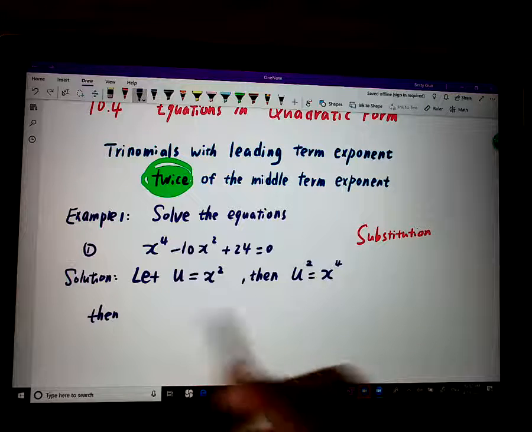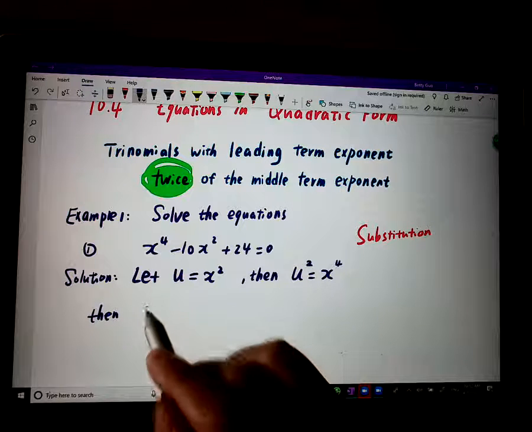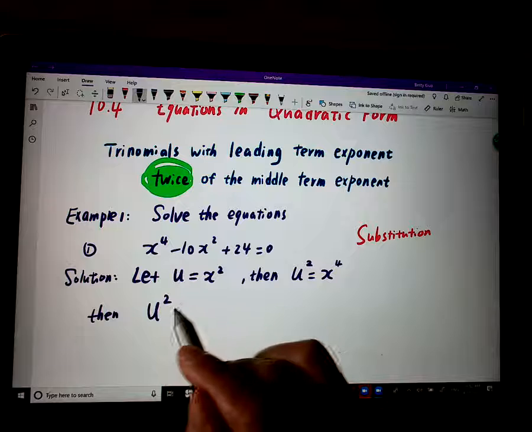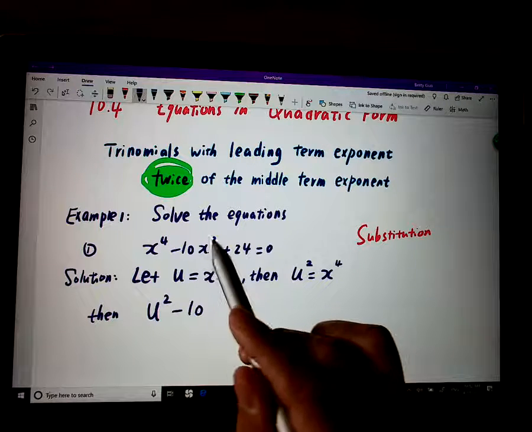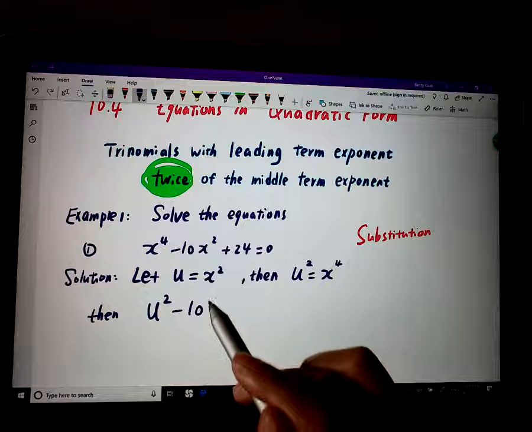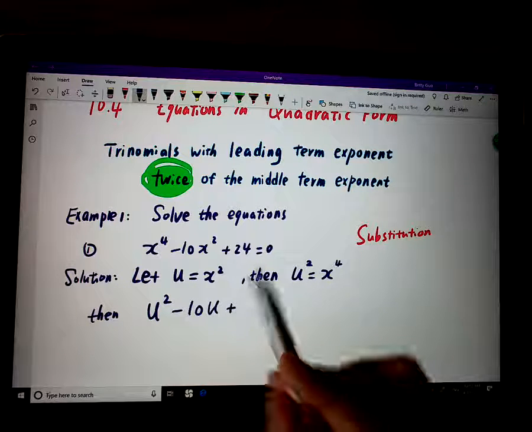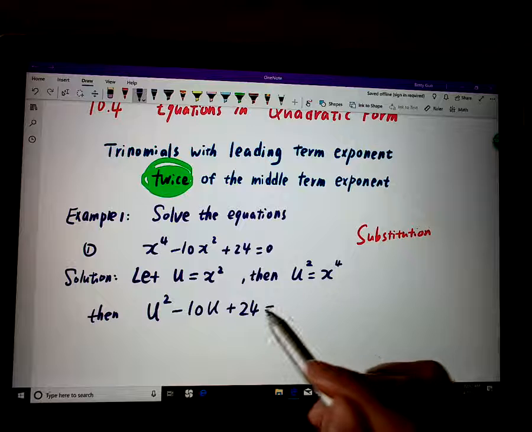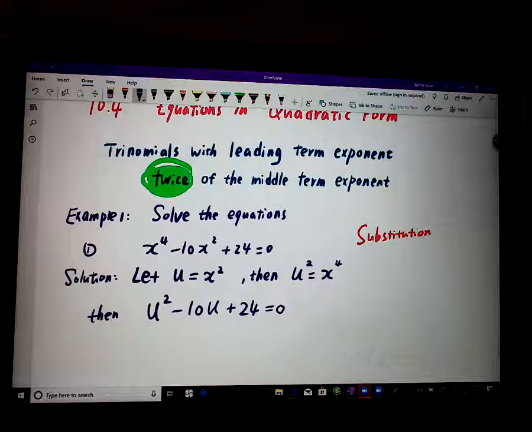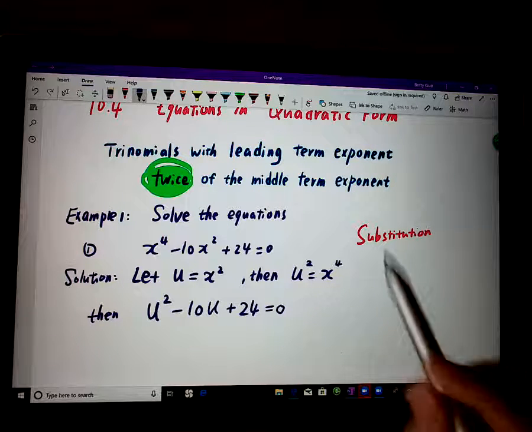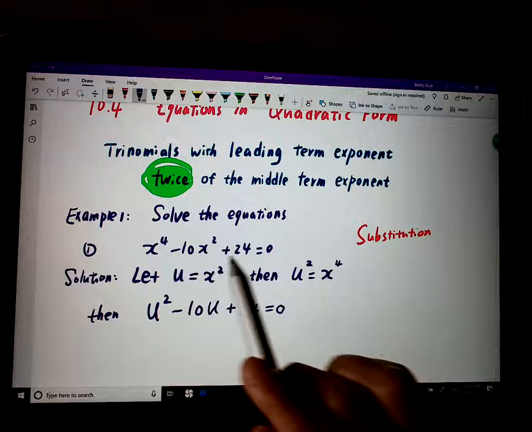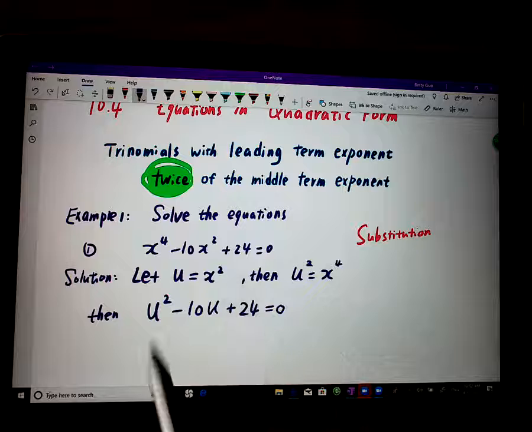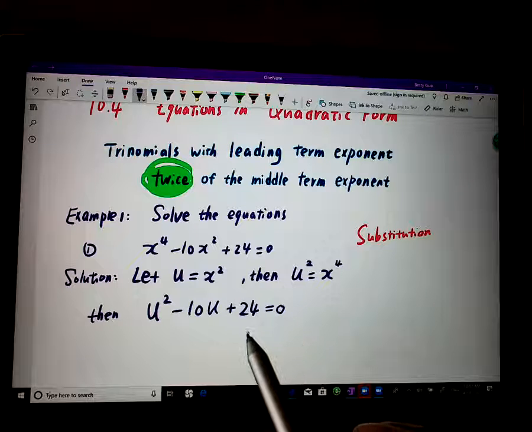Then the original equation will be written as u squared, I copy minus, copy 10 coefficient. And then when I see x squared, that is u, right? And I copy plus, copy 24, copy equal, copy 0. You see that? Through this substitution, I rewrote the original equation, which is in x, as an equation in u.